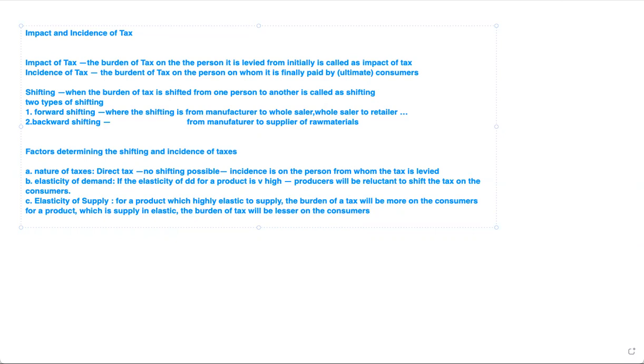So what is elasticity of supply? Can somebody tell me? Market structure. थोड़ा एक एग्जाम्पल दो मार्केट स्ट्रक्चर का. एक मार्केट स्ट्रक्चर के बारे में बताओ.